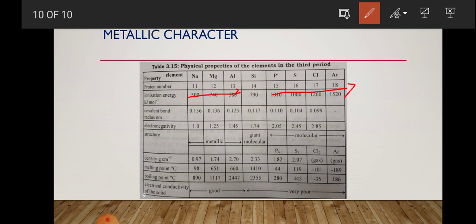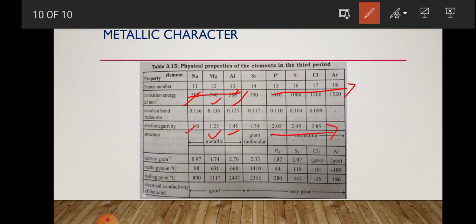The elements having low ionization energy and low electronegativity are metals. If you look here, the ionization energy of metals is less than that of non-metals, and the electronegativity of metals is also less than that of non-metals.